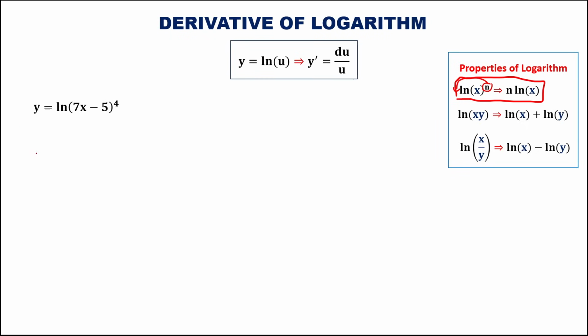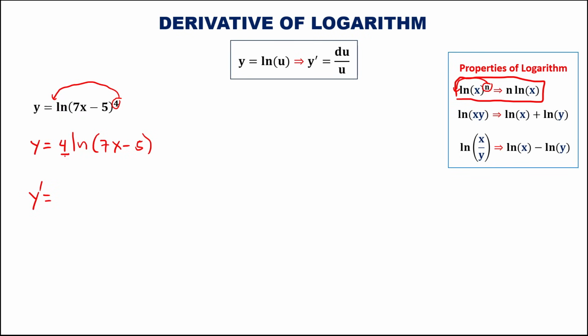So therefore, we need to rewrite this given before evaluating the derivative. So put this exponent before ln. So this becomes 4, then ln of 7x minus 5. Then from this, we can find the derivative.